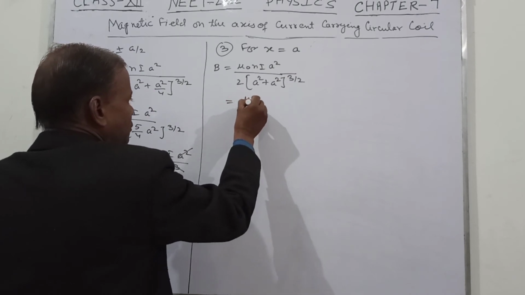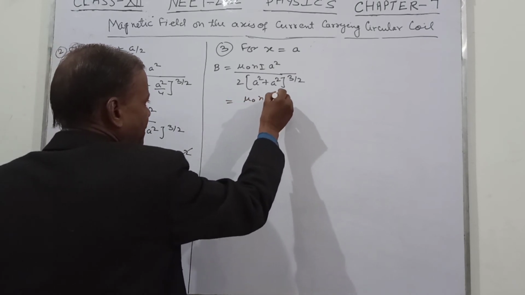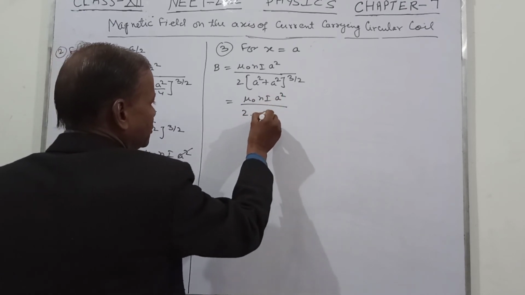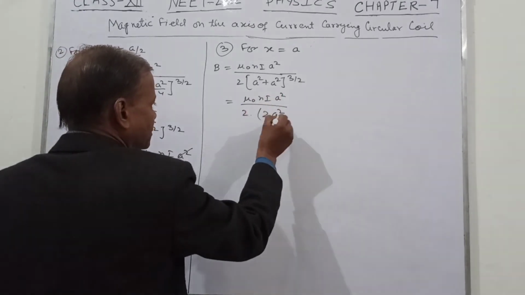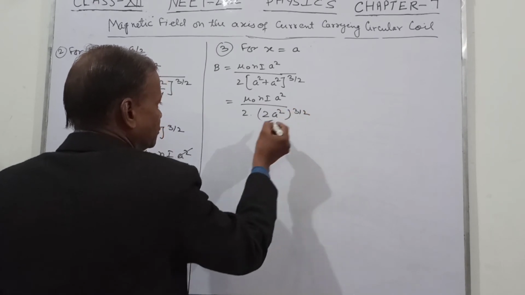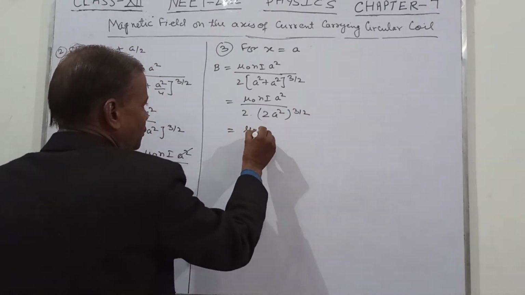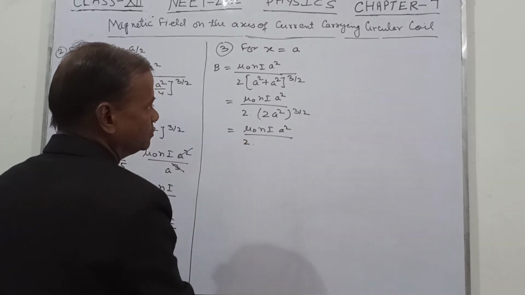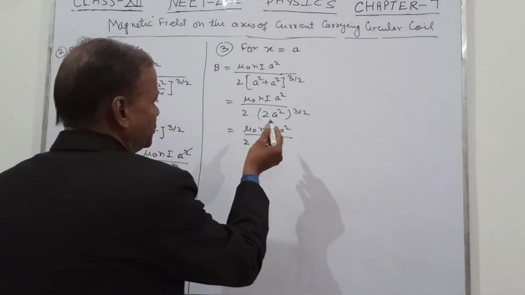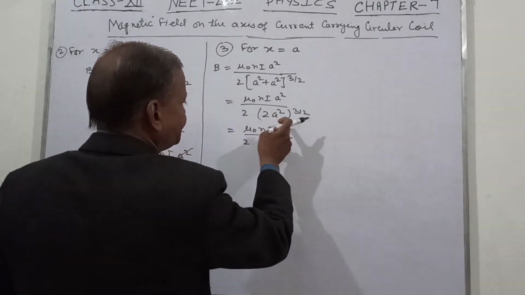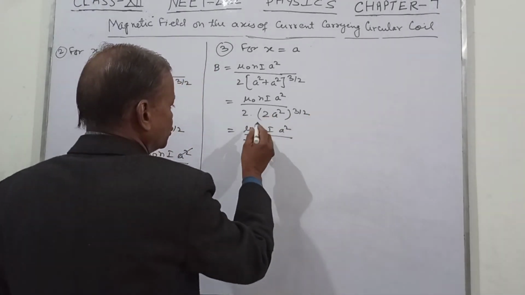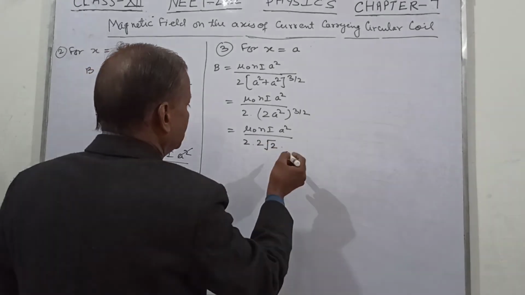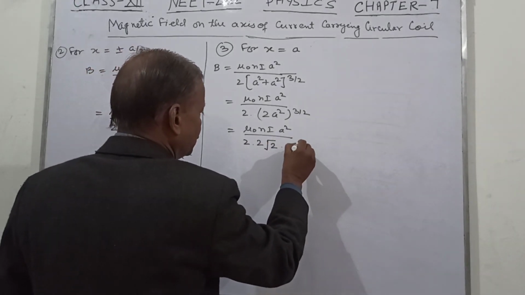To solve this, this is 2a square raised to power 3 by 2, which is 2 root 2 into a cube.